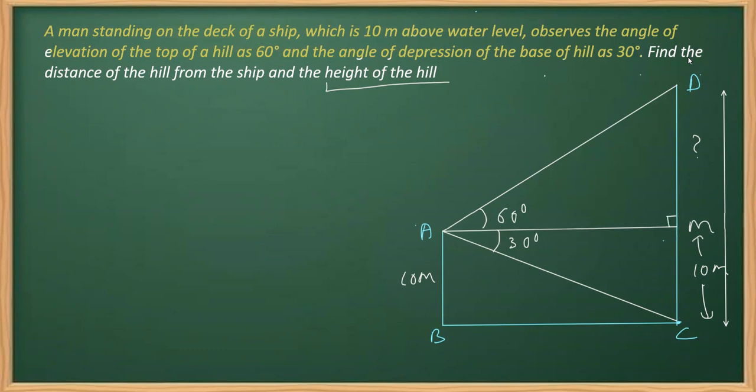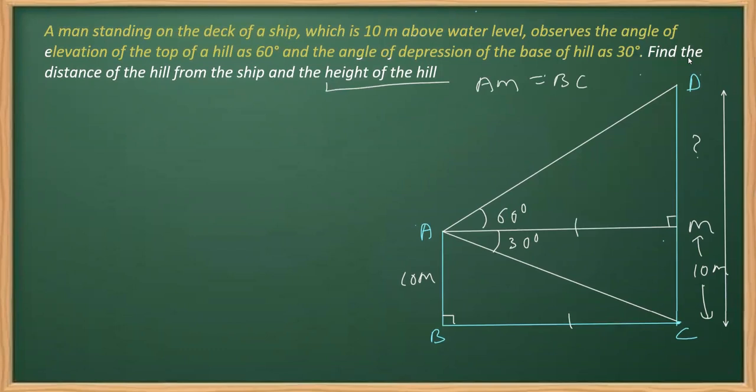This being 90 degree, this being 90 degree. According to the properties of parallelogram, we can say that the length of AM will be same as BC. And therefore, first we are going to get the length of BC. BC will be same as AM. Once we get the length of AM using trigonometric ratios, we can get the length of DM.